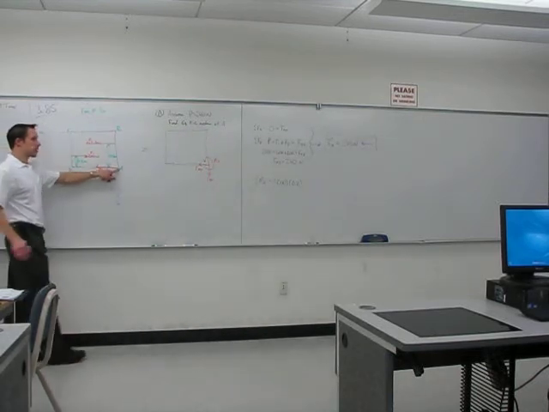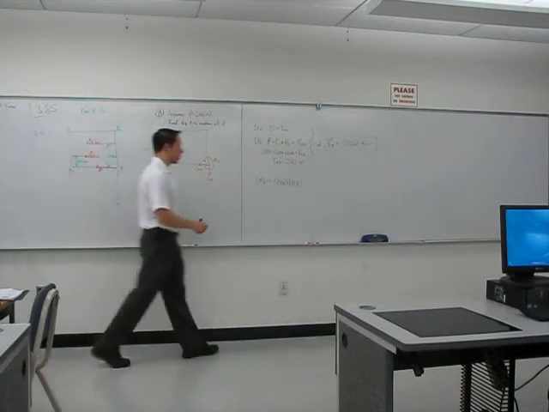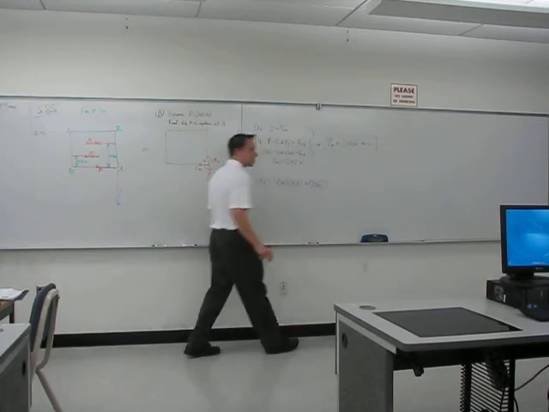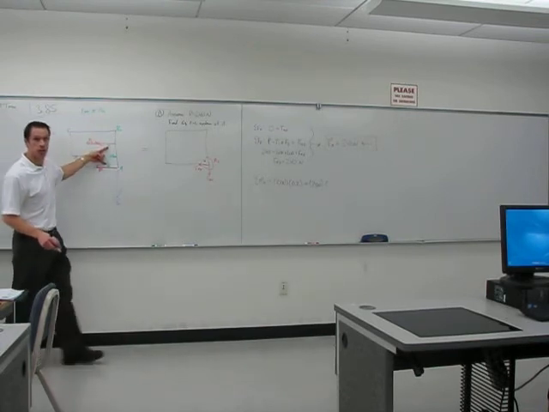Now hold the point A fixed and push towards the window with F2. That's going to want to spin this counterclockwise. So it's going to be a plus now. That magnitude is also 200, and this time the perpendicular distance from the line of action to the point A is 0.7.